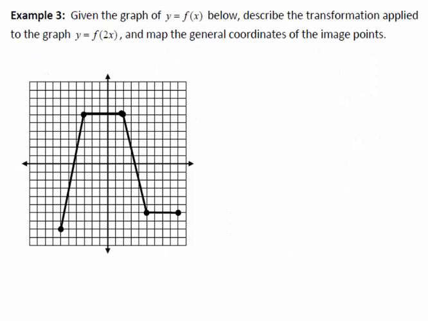So let's use this. Here's our graph, f of x. We have a 2 inside the function. We first want to describe this transformation, and as soon as we see that it's inside the function, we right away know that it's horizontal, and now we have to decide, is it compression or expansion?